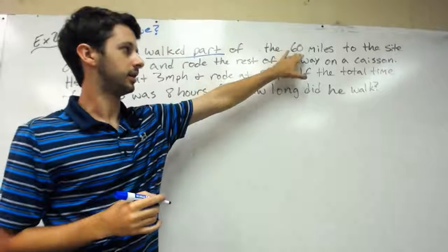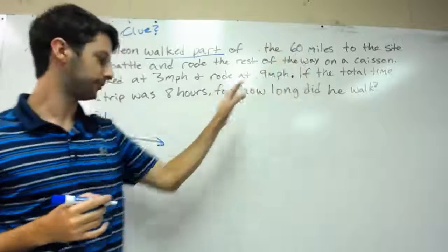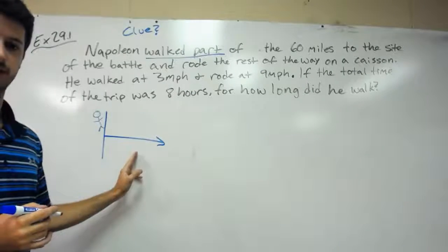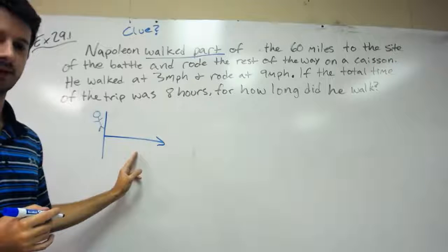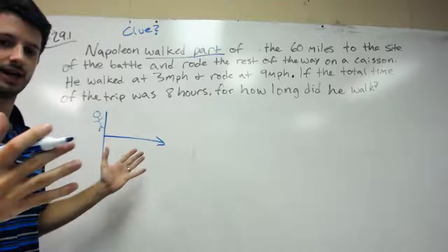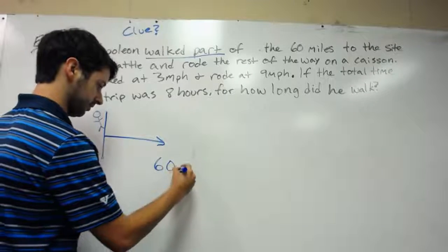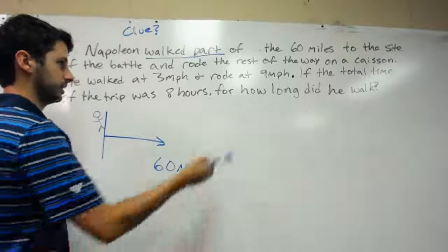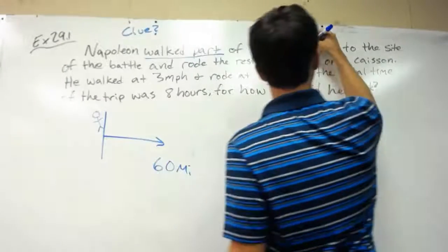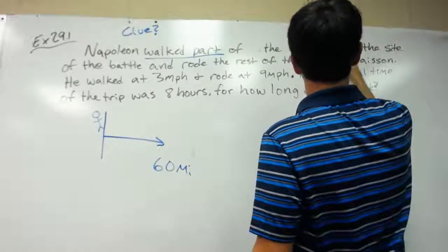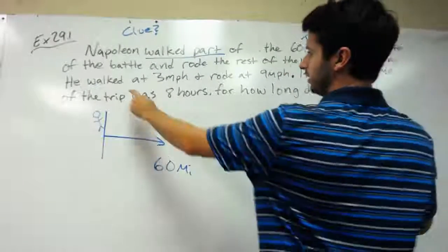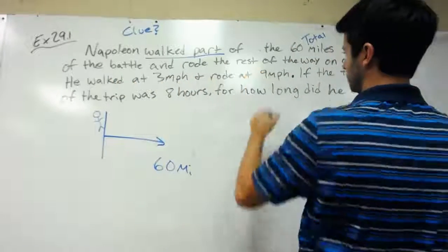Now, what does 60 miles refer to? Is that how far he walked? No. The 60 miles refers to the entire thing. So we could say 60 miles is going to be the total. Let's see what he did the rest of the way. Then he says he rode the rest of the way.